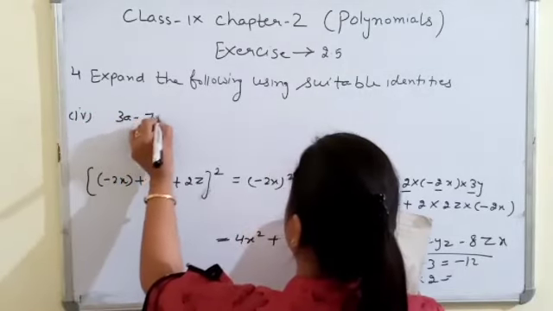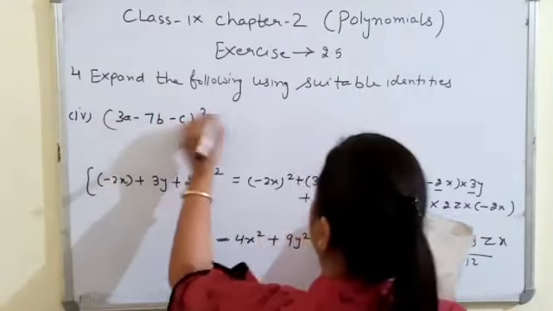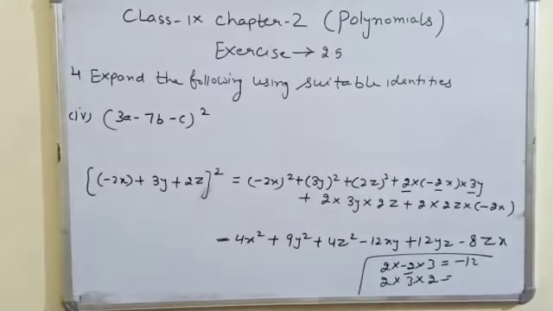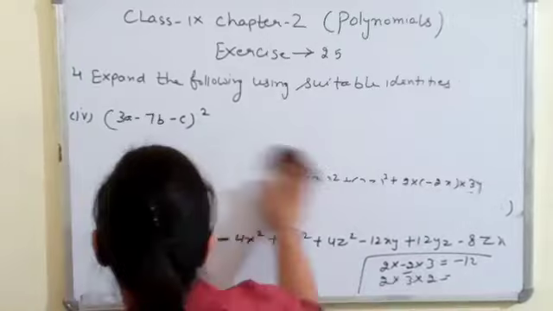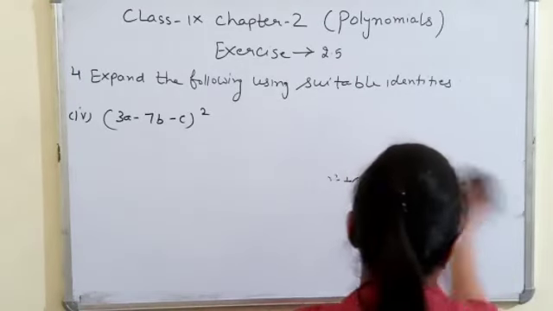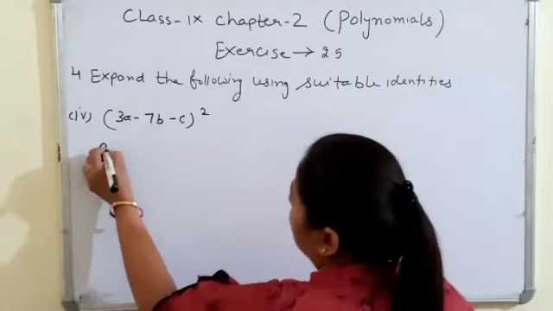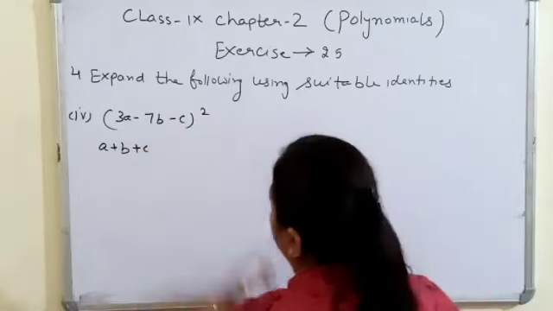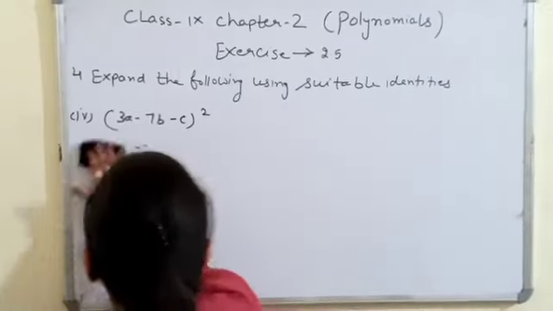3a minus 7b minus c whole square. Yes student, you can see here statement is 3a minus 7b minus c. So by applying a plus b, terms are in the variable are in the place of abc.